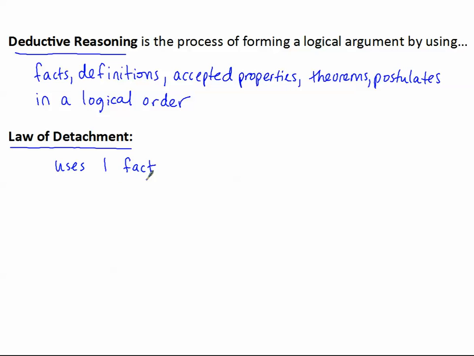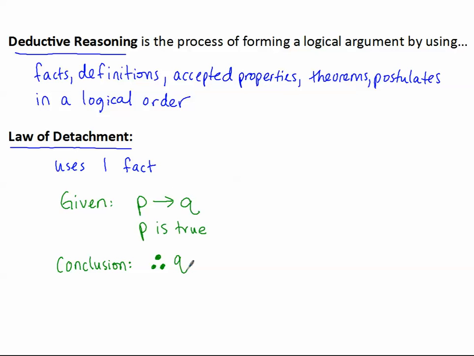uses one fact specifically, such as being given the information of a statement like if P, then Q. Let's assume that P is true. Now these things being given lead us to the conclusion. And remember, with a conclusion, we usually use the three dots for therefore.